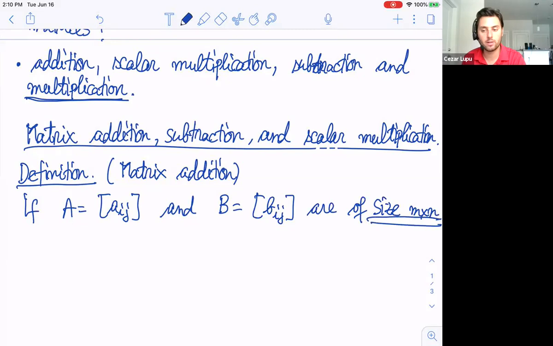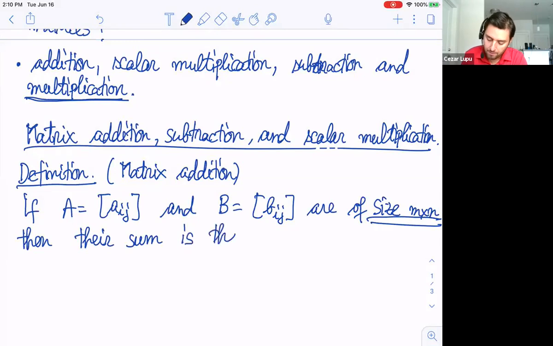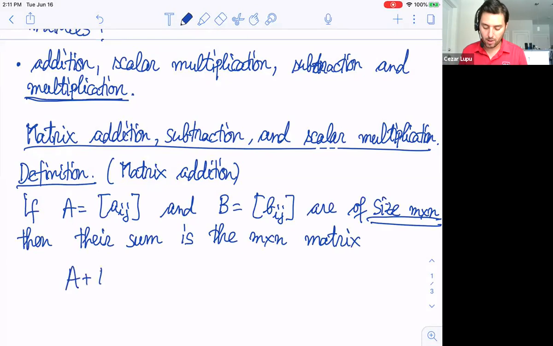I do not consider them to be square matrices, but I do consider them to be of the same size. And then the sum is the m by n matrix, let's call it A plus B, whose entries will be nothing else, as you can expect, than Aij plus Bij.